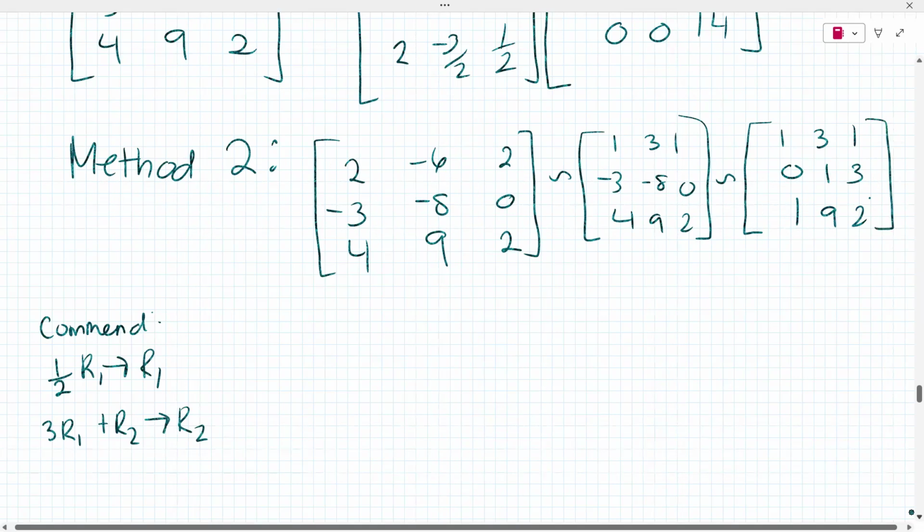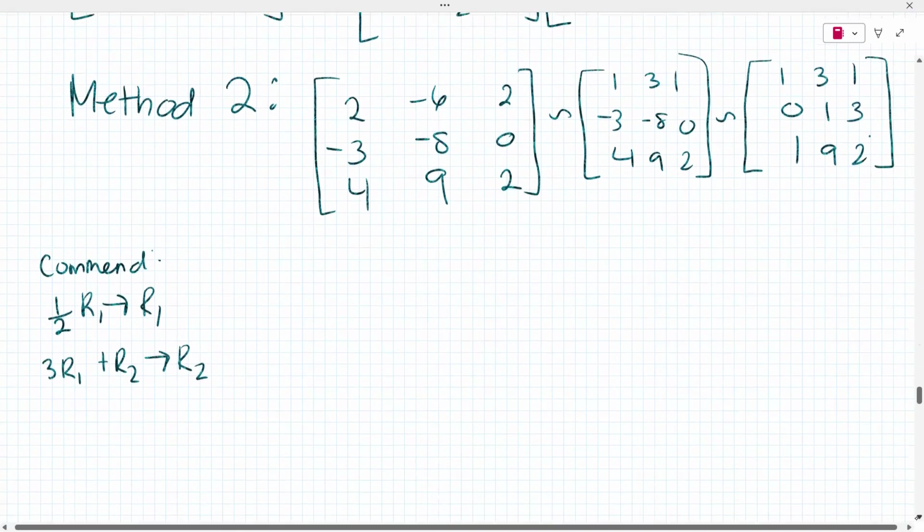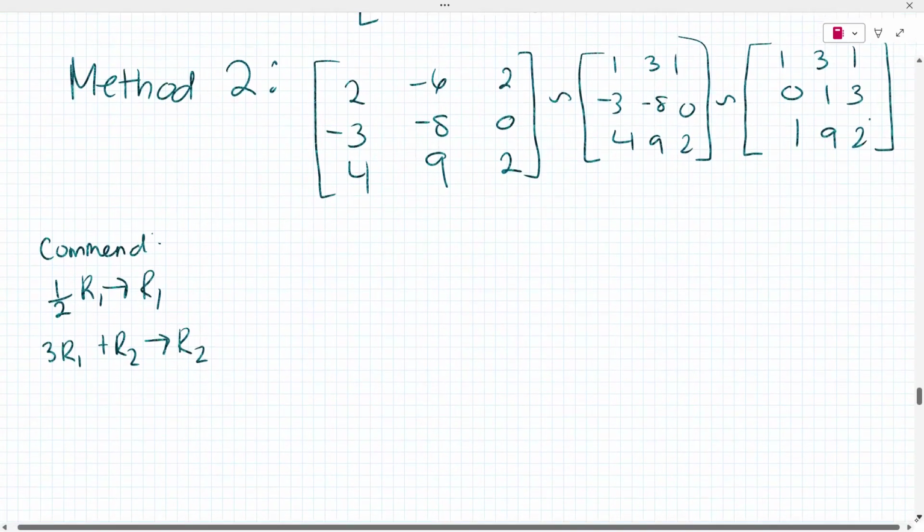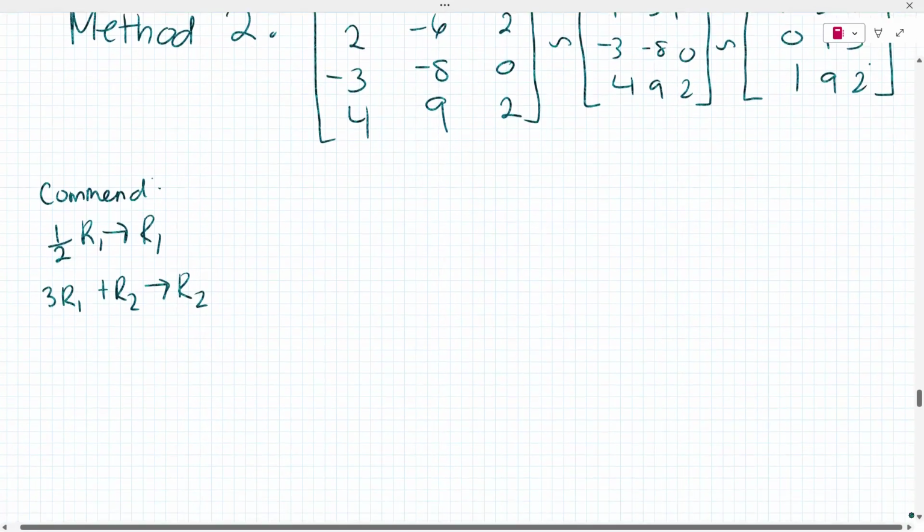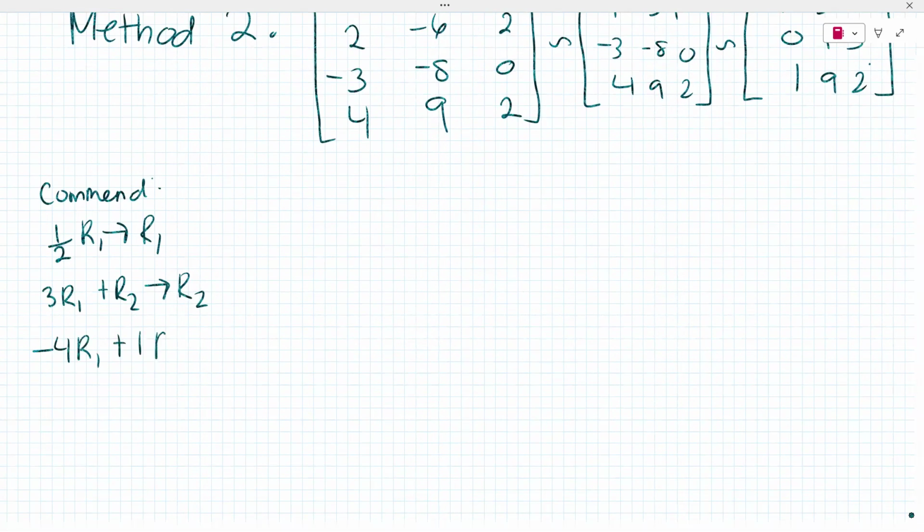Okay, and then the next one is -4 row 1 plus 1 row 3 gives us your new row 3. And that's going to give us this matrix: 1, 3, 1, 0, 1, 3, 0, -3, -2.